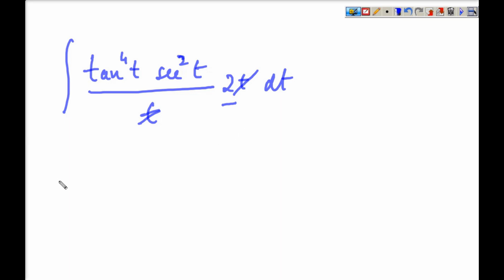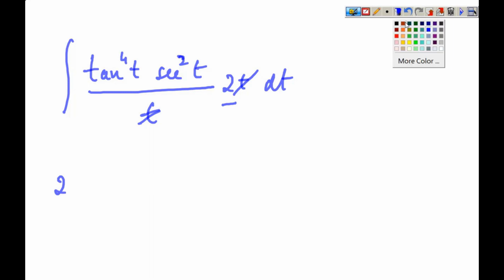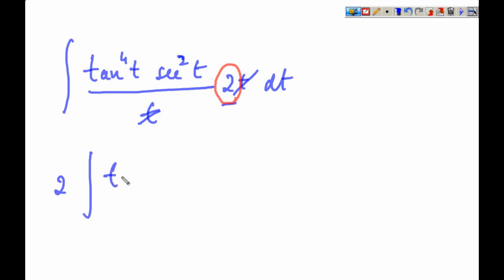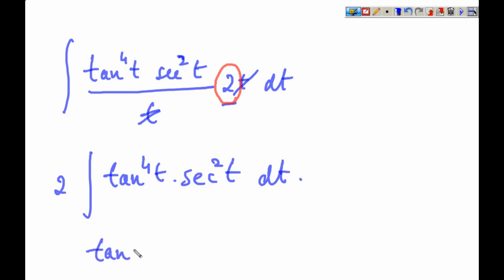By that I mean that 2 will come outside. This 2 is a constant, we'll keep it outside, and then we'll integrate the rest of the function, that is tan to the power 4 t times secant square t dt. So here it looks similar, right? We know that the derivative of tan x is secant square x, if we are differentiating it with respect to x.